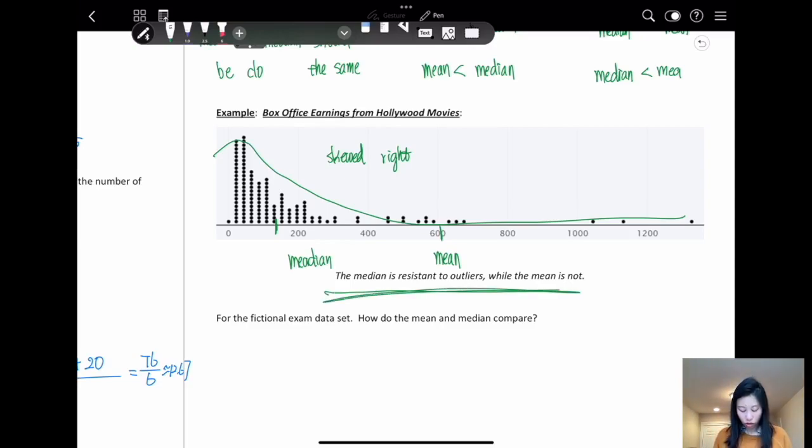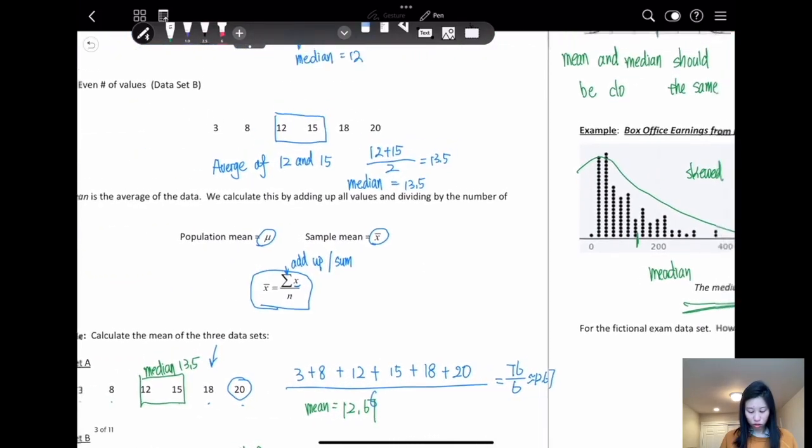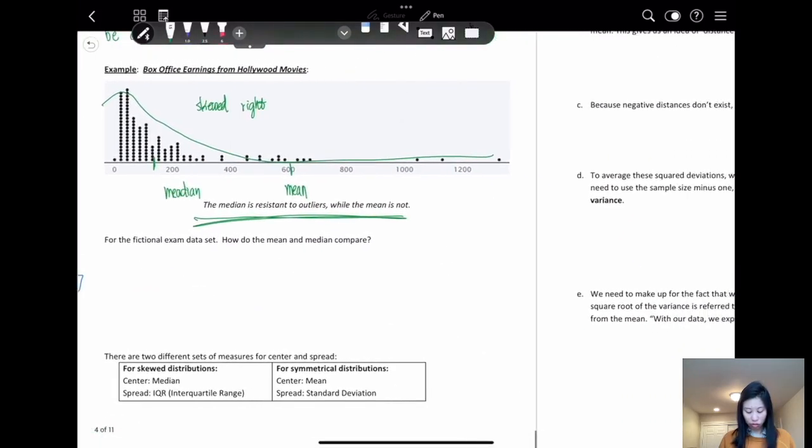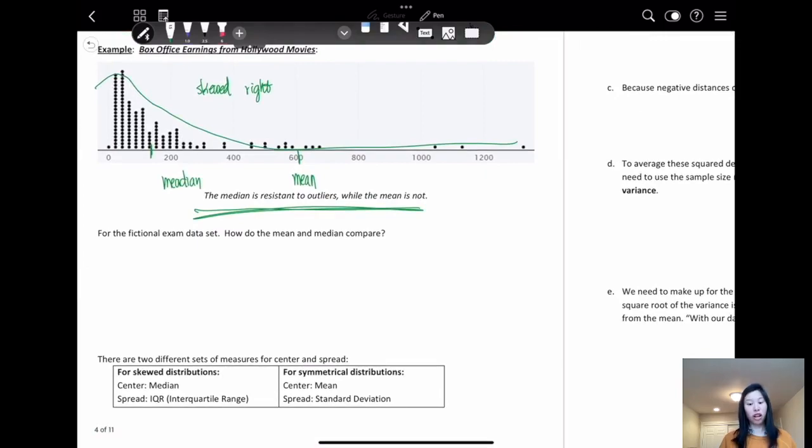Okay, so for the fictional exam data set, how do the mean and median compare? So, remember our fictional exam data set, which we had earlier. A student got a 31 and most of the students passed.